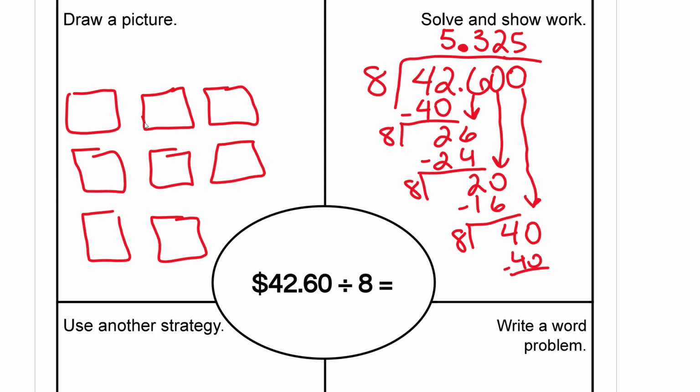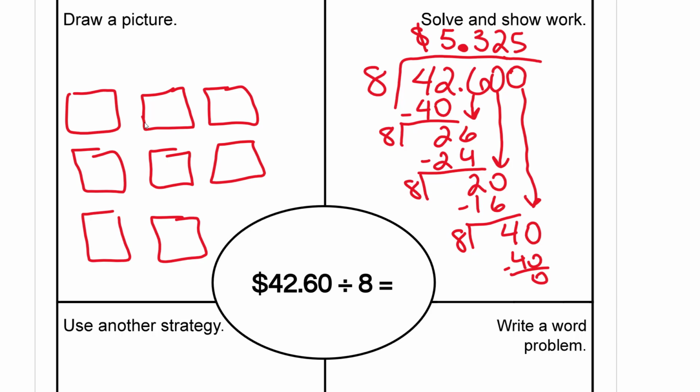Now, you're saying, but Ms. Schmidt, we're talking about money. Well, we know that it didn't work out evenly, but how do we deal with this? Because we do not have tenths, hundredths, thousands of cents. So we need to round. Is the 5 big enough to change that to? Yes, it is.